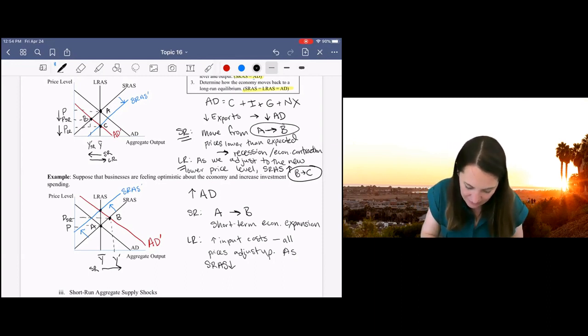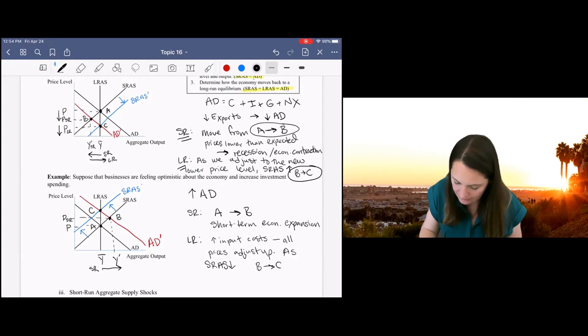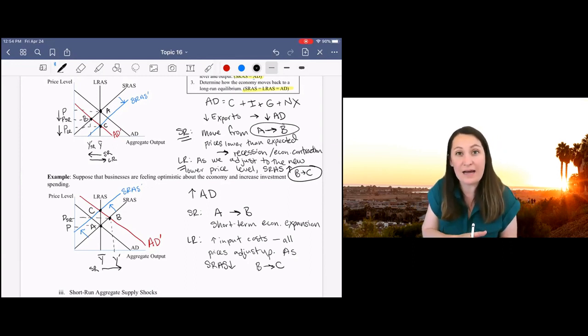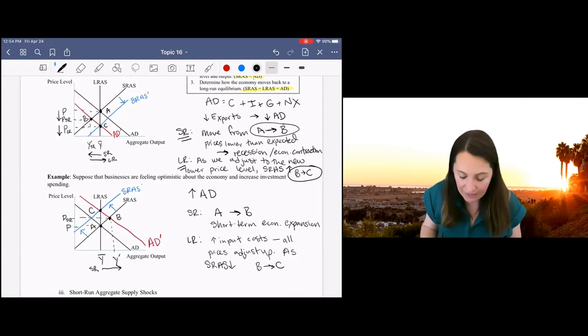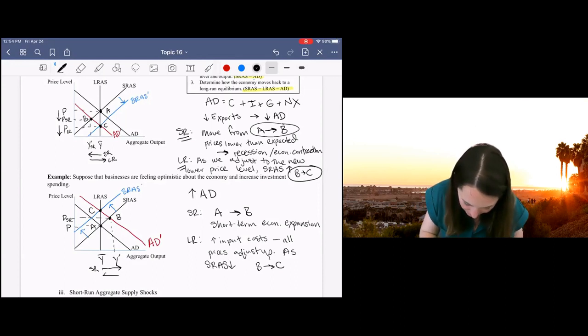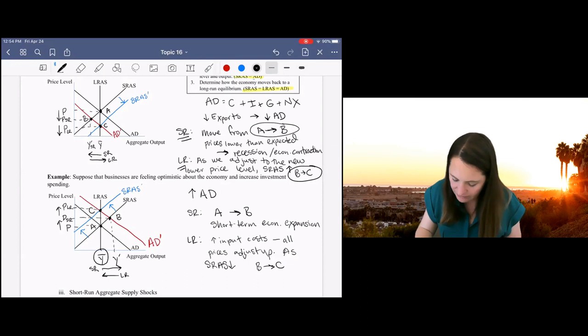And then that's going to move us back here to this long run equilibrium point C, where again, all three lines are intersecting, and that means that our price level is increasing again, but our output returns to this same long run potential level.